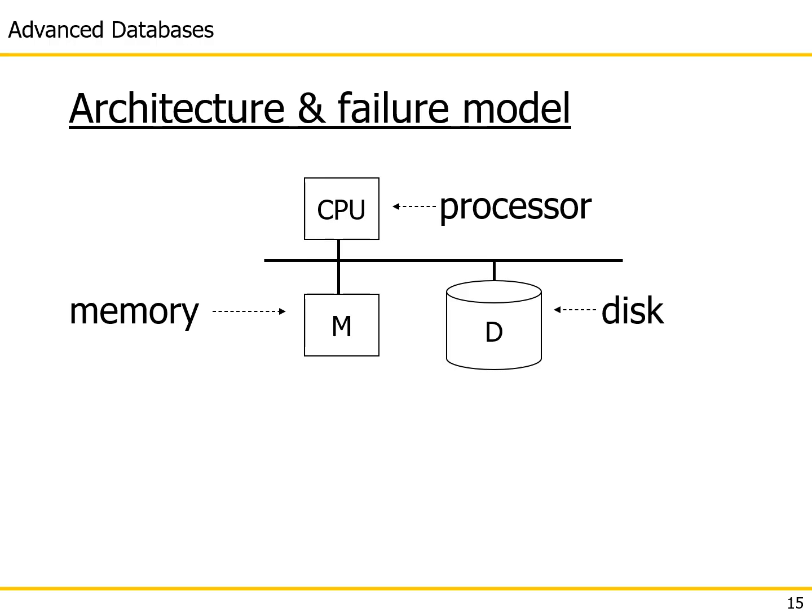When the modification is done, it's done in memory. It's not done on disk. What that means is after the modification is done, you have to take the data back and put it back on disk. Now, one issue you have to understand is that the bus, which is this line connecting the disk, the memory, and the CPU, is a bottleneck. But we will live with this.